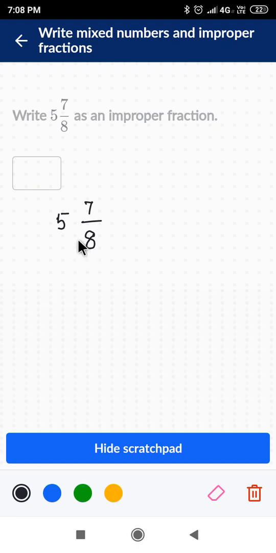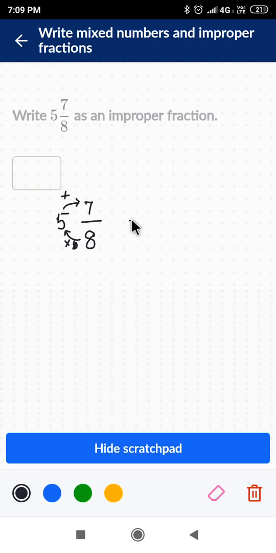What you do is start from the bottom, the denominator, and go up to 5, and this will be a multiplication. 8 into 5 is a multiplication, and then go from 5 to 7. This will be an addition.